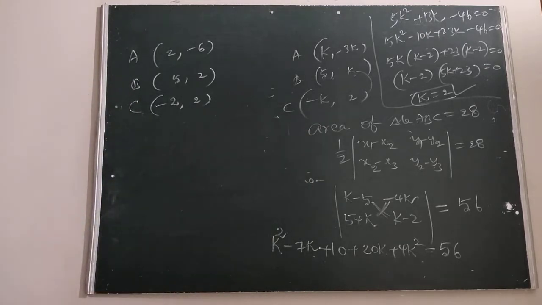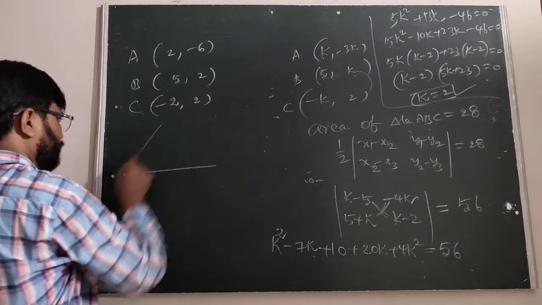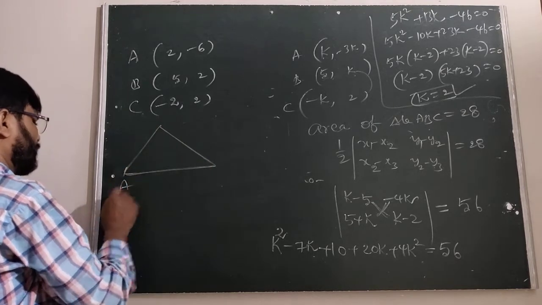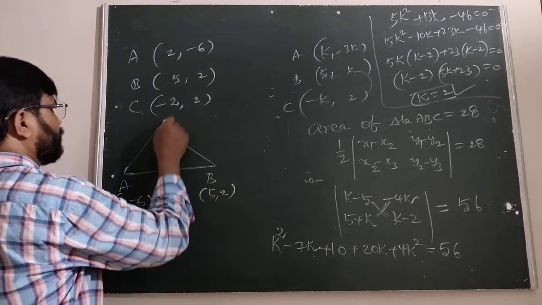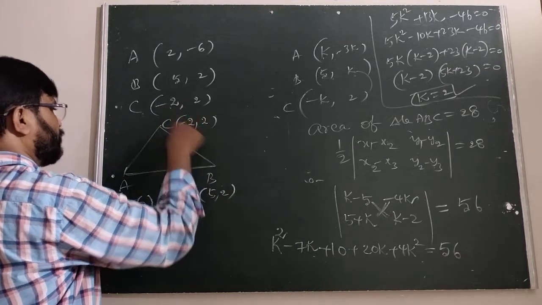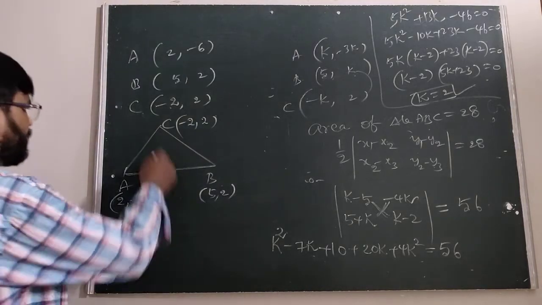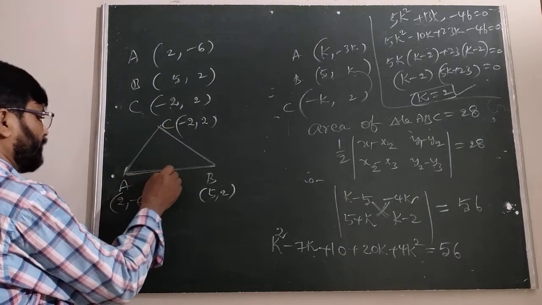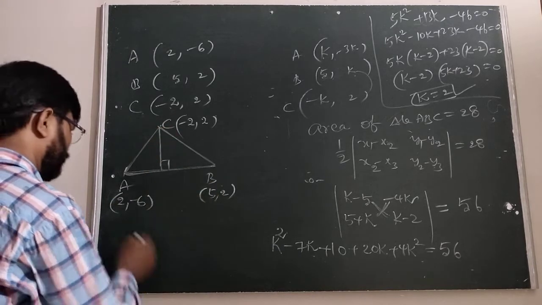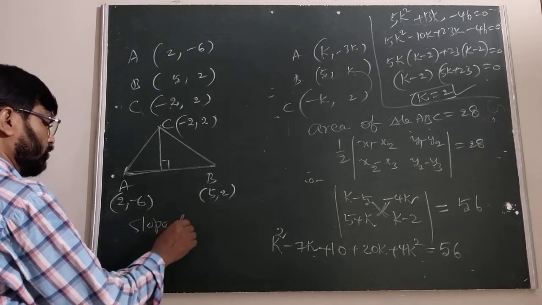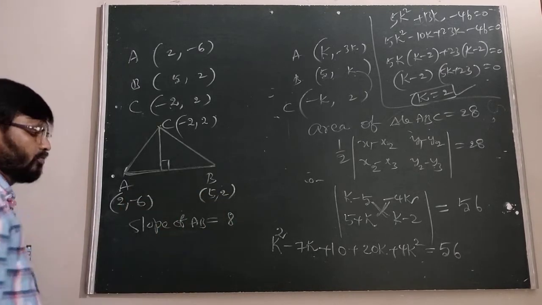Suppose we take the orthocenter as H. This is the triangle: A is (2, minus 6), B is the point (5, 2), C is the point (minus 2, 2). Now to find the orthocenter, first we have to find the altitude through C. First we have to find the slope of AB, that is 8 over (2 minus of minus, plus 6).